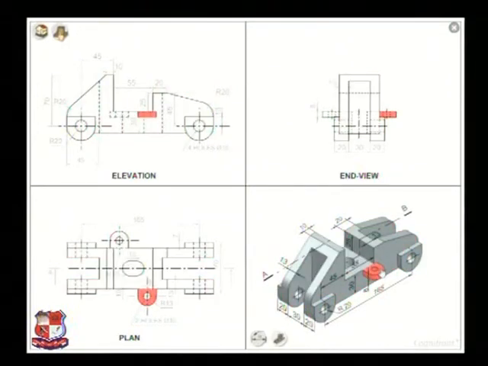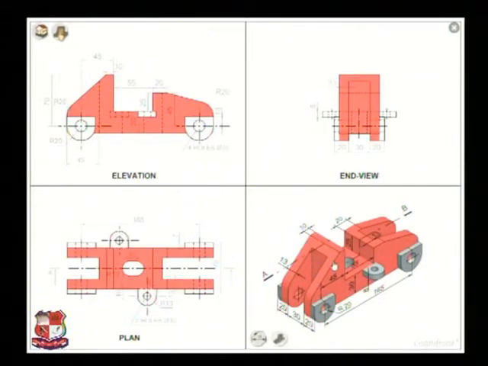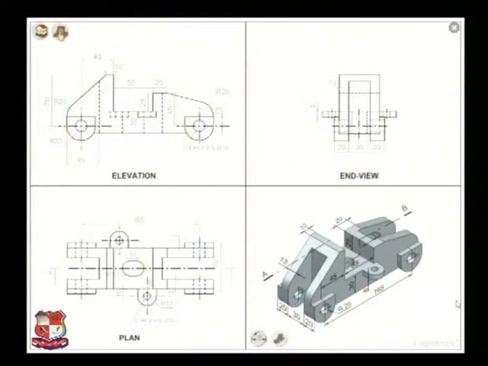Similarly this portion is visible in three views, in elevation, plan, and end view. Here also it is drawn like this, and this is the bigger portion which is represented in three views like this. So these are the three views of this object.